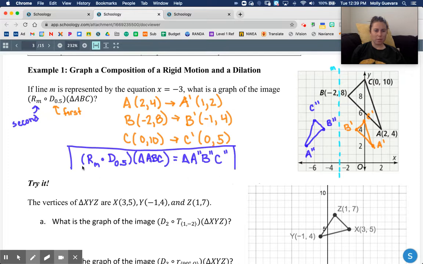Remember that you always do the one that's on the inside or on the right side first. So we dilated it by 0.5 by just multiplying everything by 0.5 or dividing by 2. And then we reflected it over line M. And that got us our new graph.